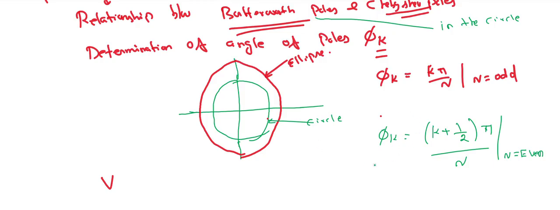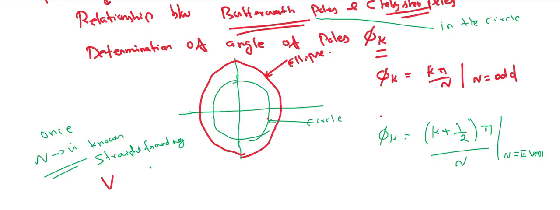Once the order n is known, there is a straightforward way to translate the Butterworth poles to Chebyshev poles.